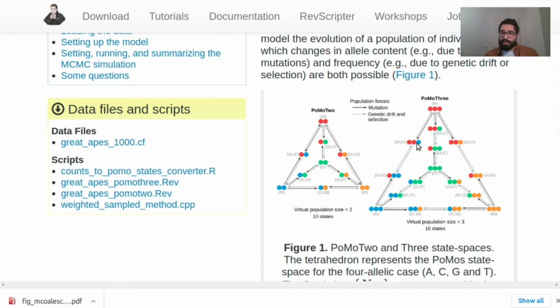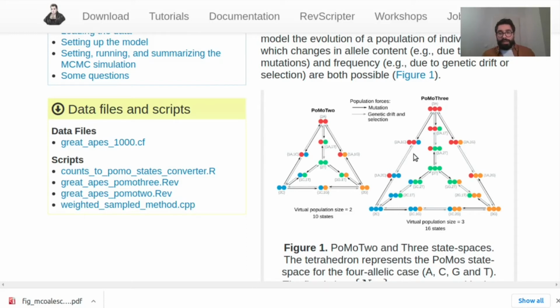But the state space composed by fixed and polymorphic states per se is not a very complex description of the evolutionary process. The description comes from assigning different processes to these arrows that lead me to change from one state to another. For example, once I have a fixed state and I jump to a state where there's a new allelic variant, I may say this black arrow represents a mutation. Again, when I'm in a polymorphic state and the frequency of a certain allele increases or decreases, it doesn't matter, I may say these gray arrows represent drift events.